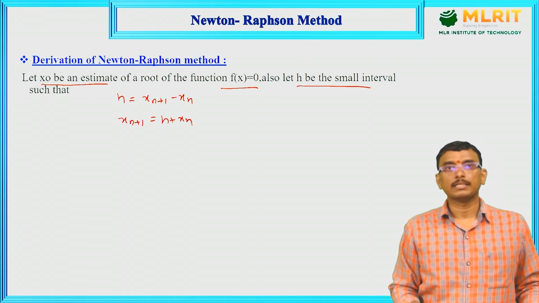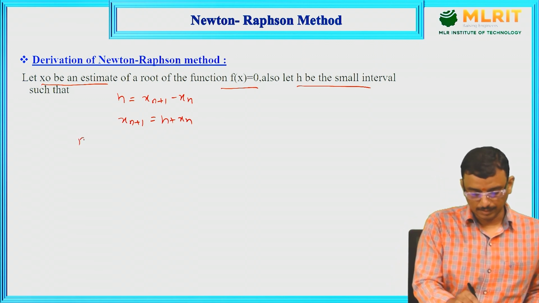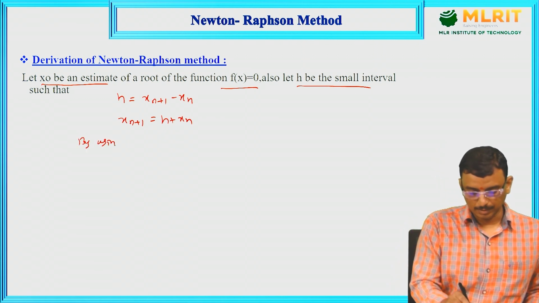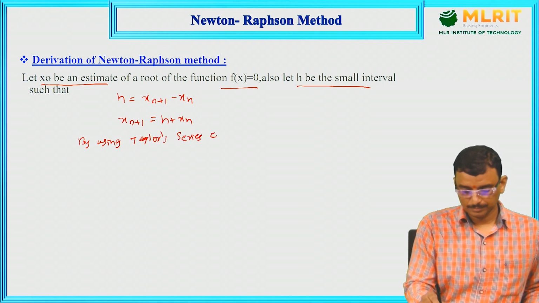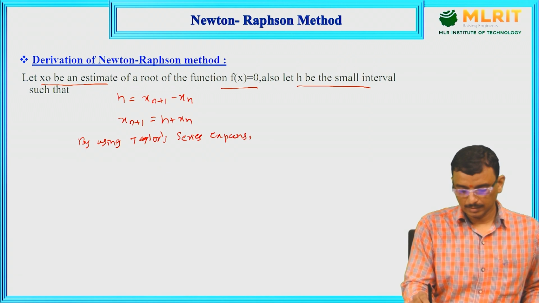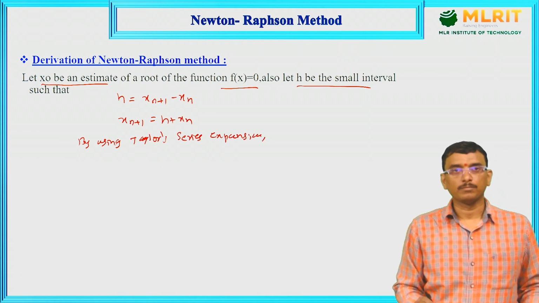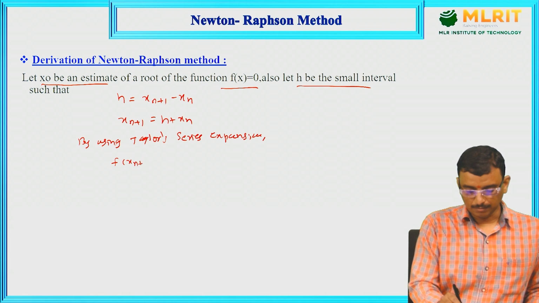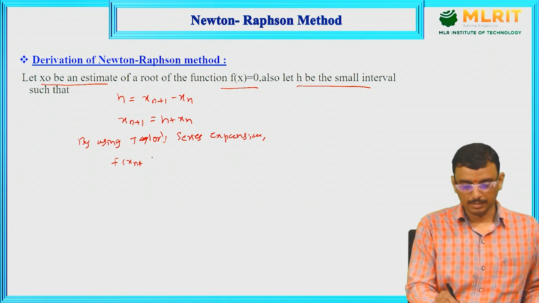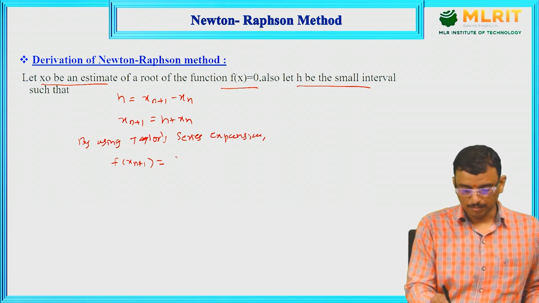So by using Taylor series expansion, we can write f of x(n plus 1) is equal to f of (h plus xn).